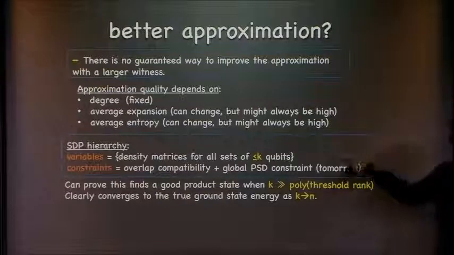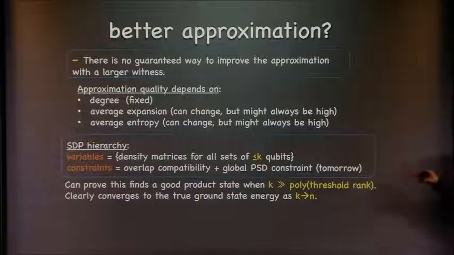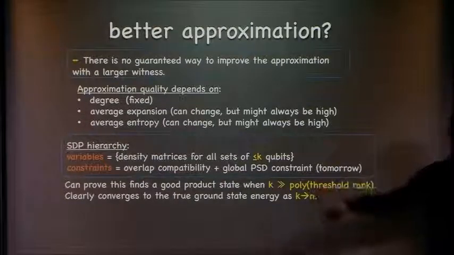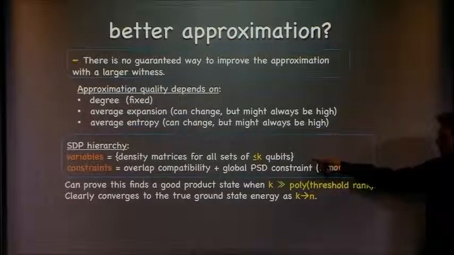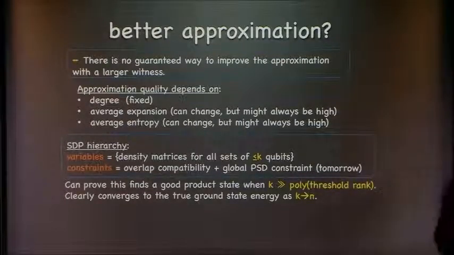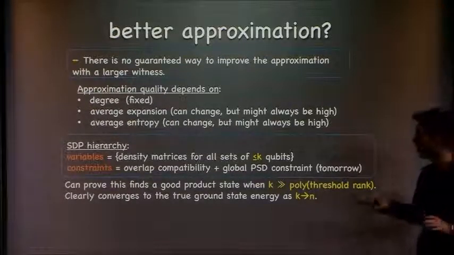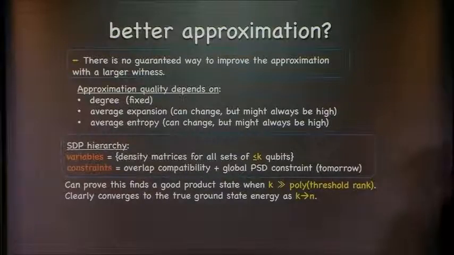So one way you can attempt to find it is by using an SDP hierarchy. And this is something I'll talk more about tomorrow. But I just want to briefly mention today a possible algorithm, which is to optimize over the following semi-definite program: take your variables to be all density matrices for subsets of k or fewer qubits, or systems.